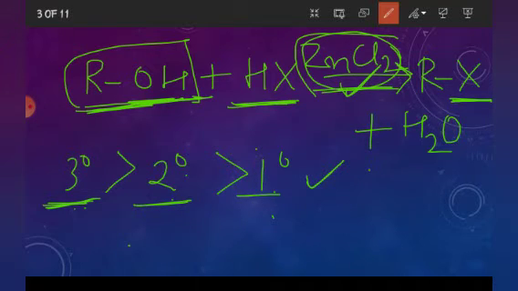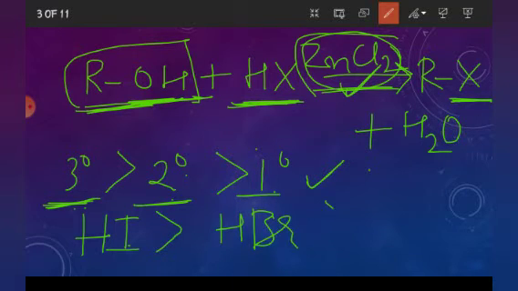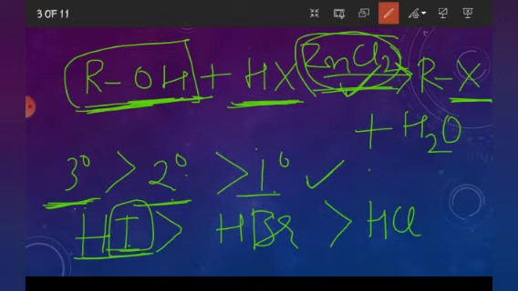And if I talk about the halogen acid, you need to remember that HI is most reactive, then HBr and then HCl. The reason behind this is that the bond of HI is very large and can be easily broken, so I is considered a good leaving group.